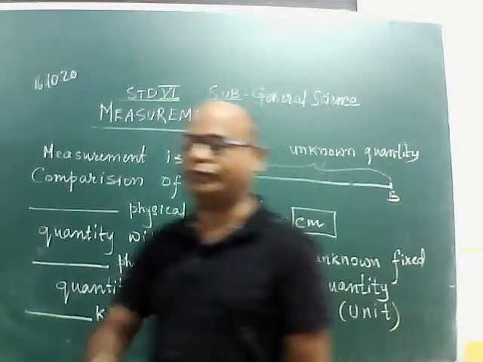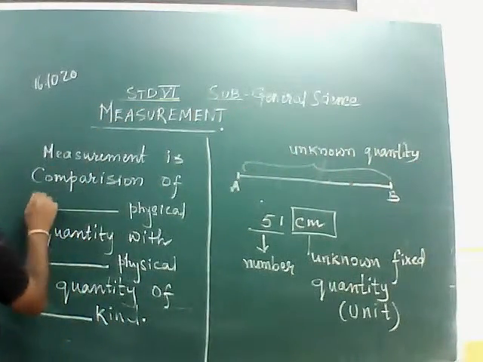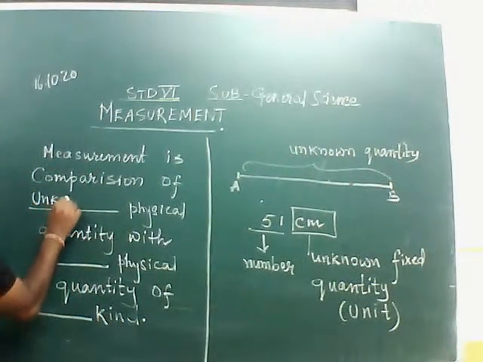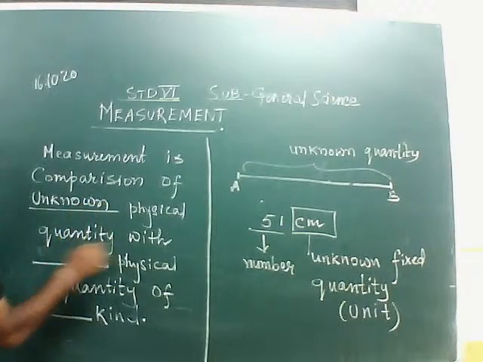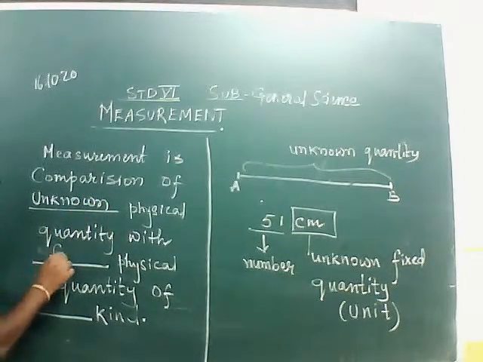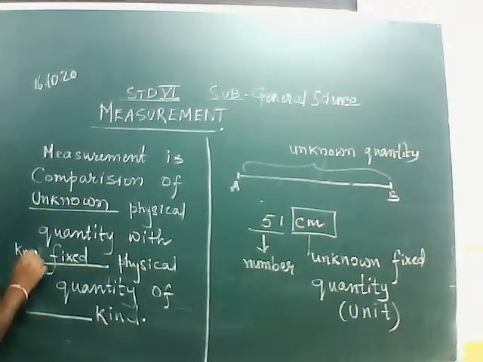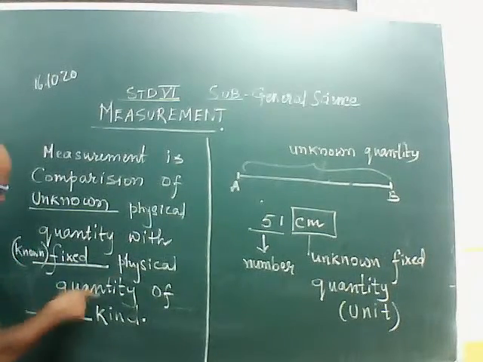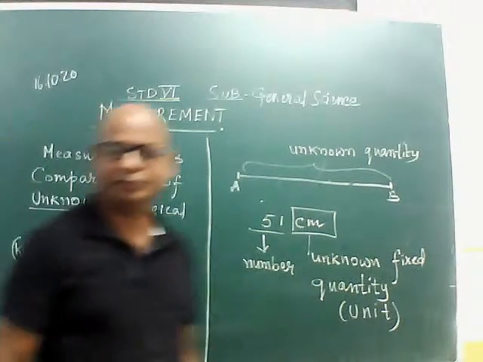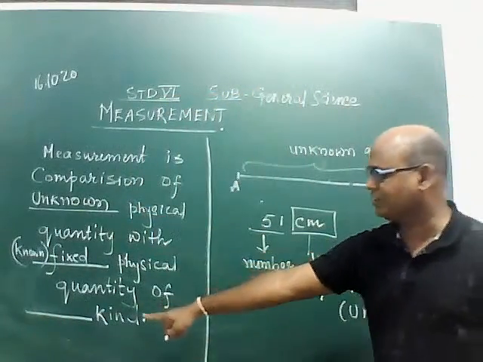Okay, so what you told is very correct, that is unknown physical quantity with the known fixed physical quantity of dash kind. Of dash kind is what?